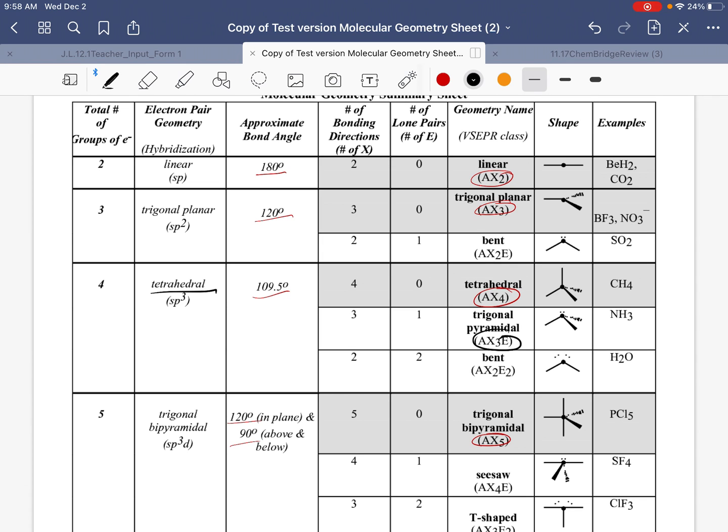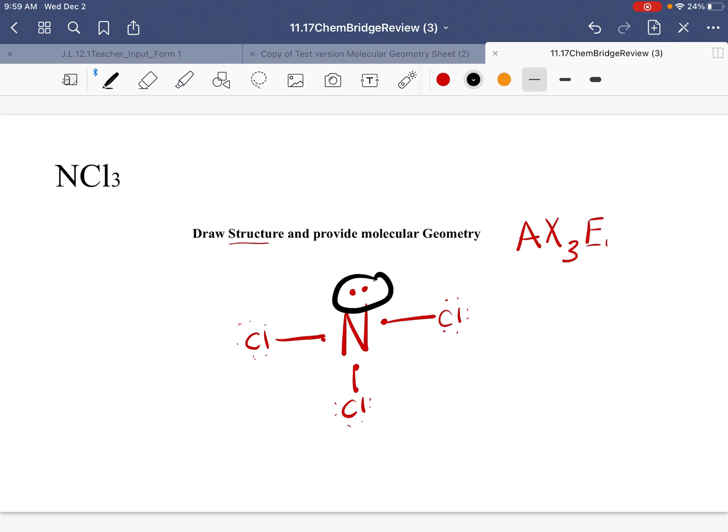This is a tetrahedral. And let me explain this one a little bit better. So I know I have a tetrahedral in shape. It is 109.5 degrees. This one's actually going to be less than. So let me explain this one real quick. This lone pair has a lot of repulsion.